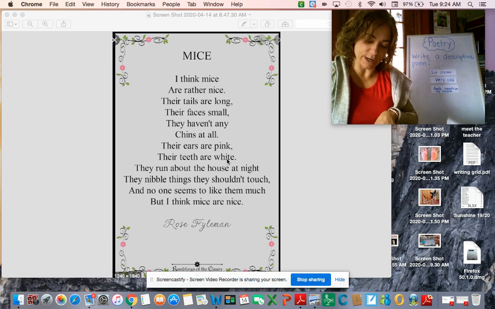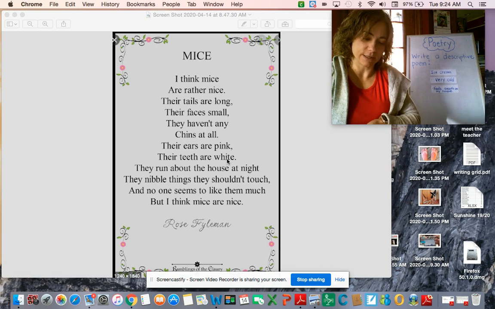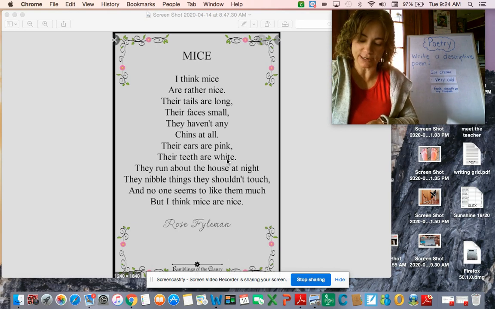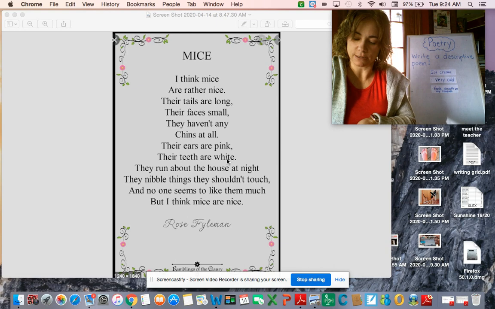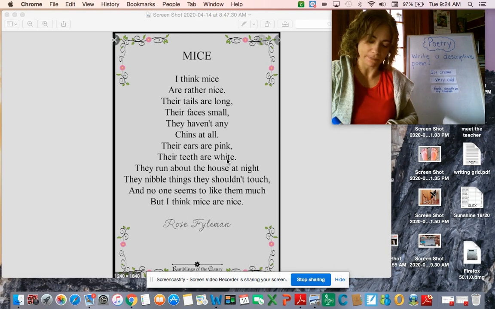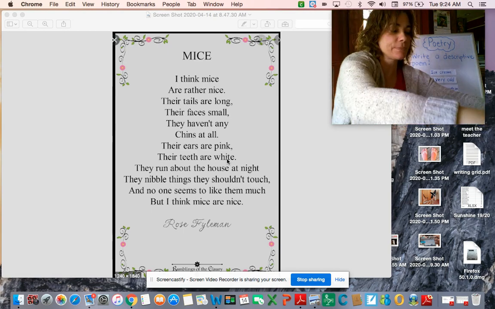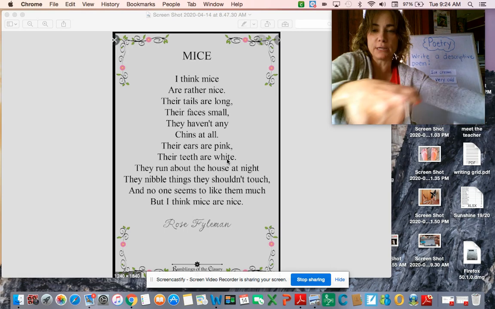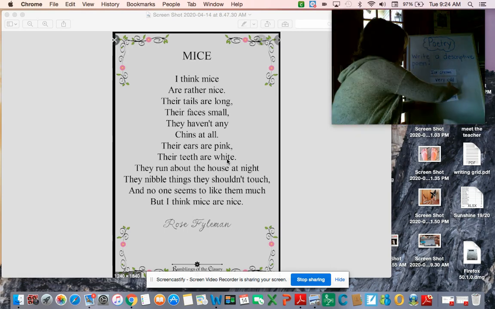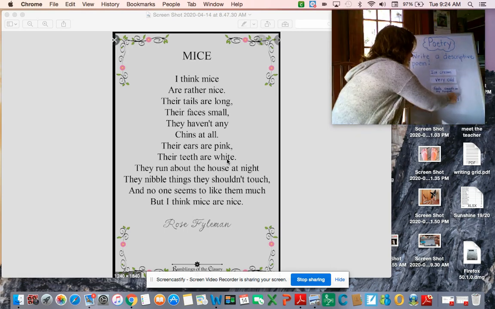It drips down my chin. All right, and so I wrote that on another strip. And remember, boys and girls, your poem can be longer, it could be shorter.